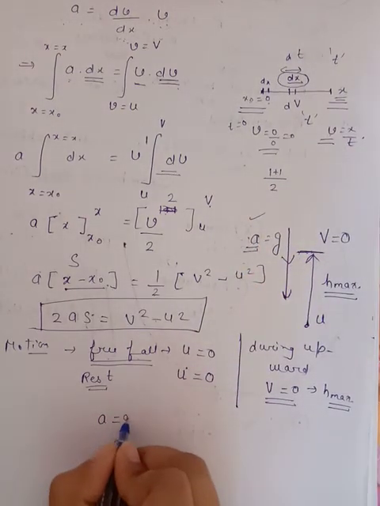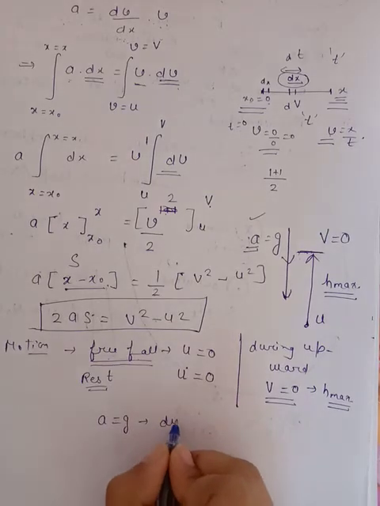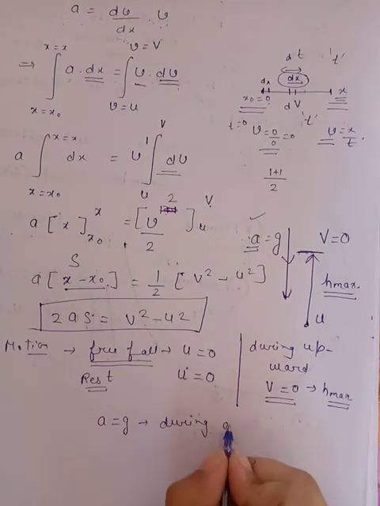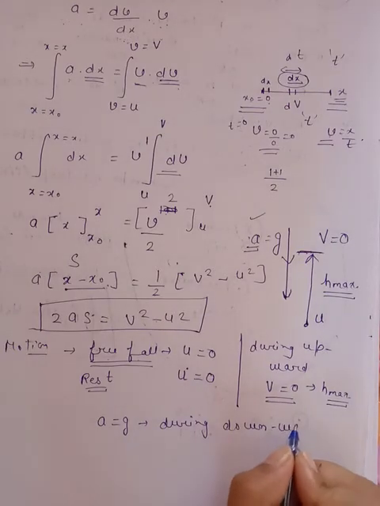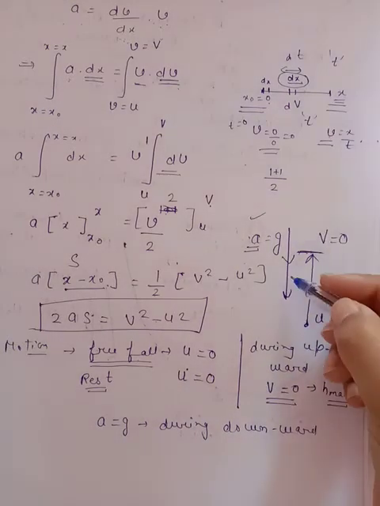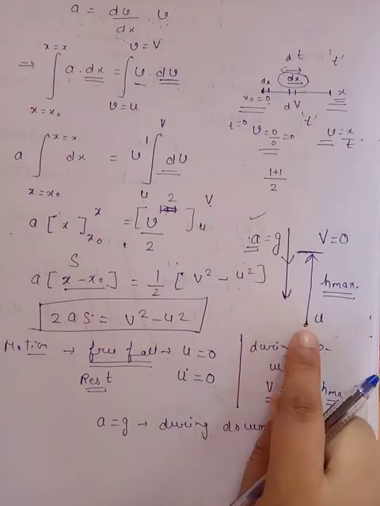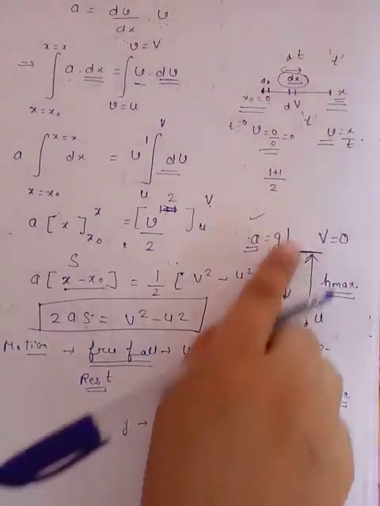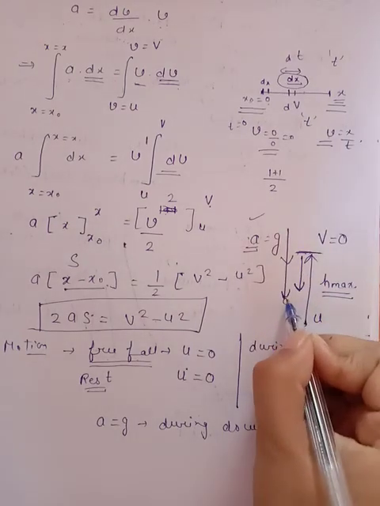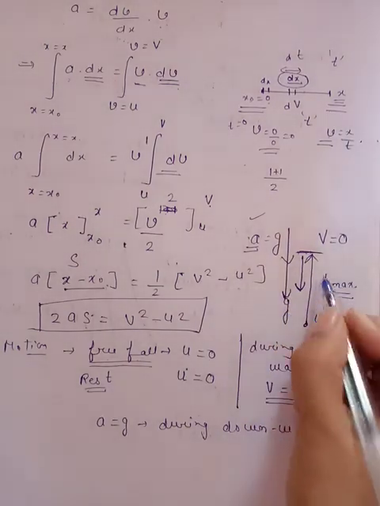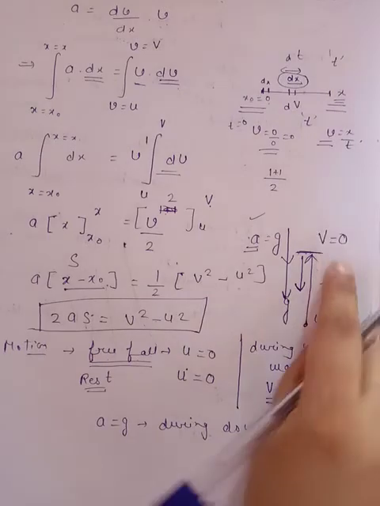A is equal to g during downward motion, when the object is thrown vertically downward. During the upward throw, or upward motion of the object, the effect of gravity is vertically downward and the object is moving in the upward direction.